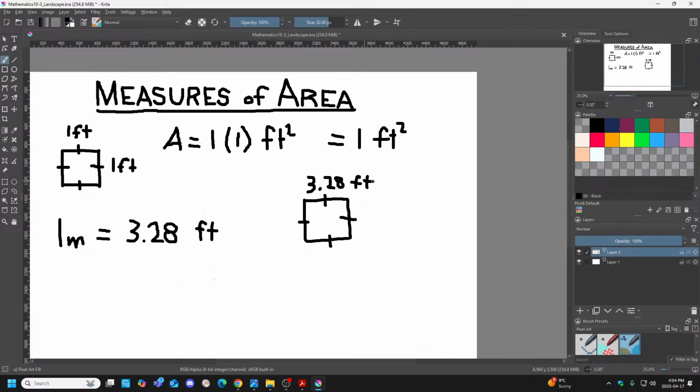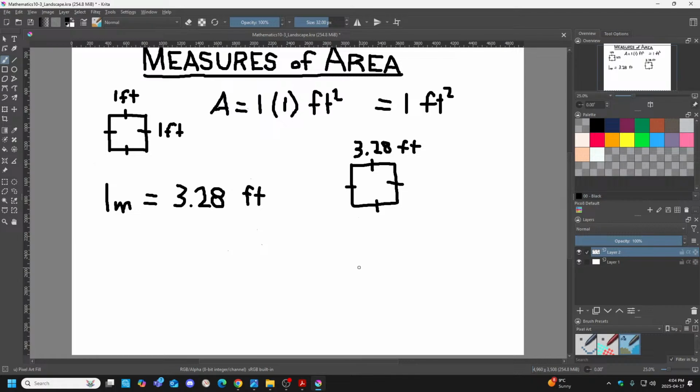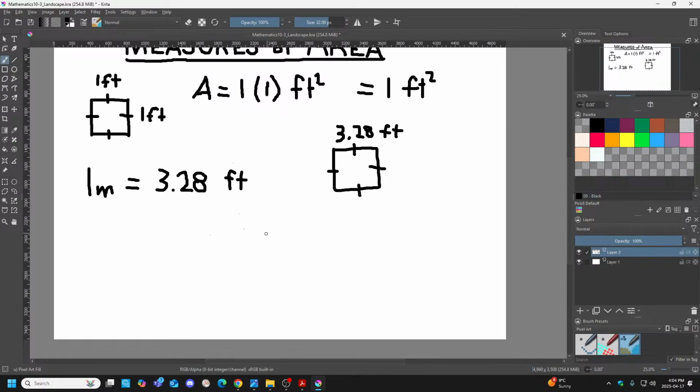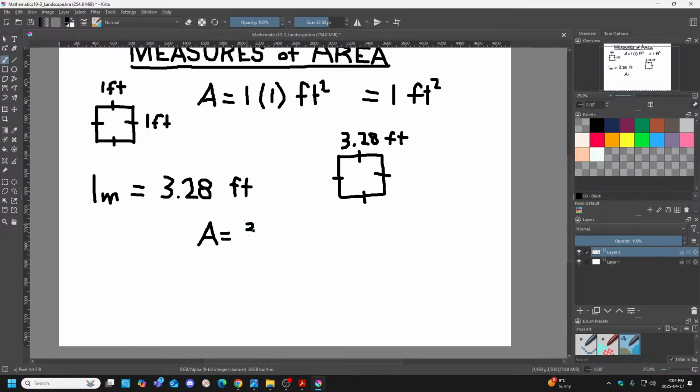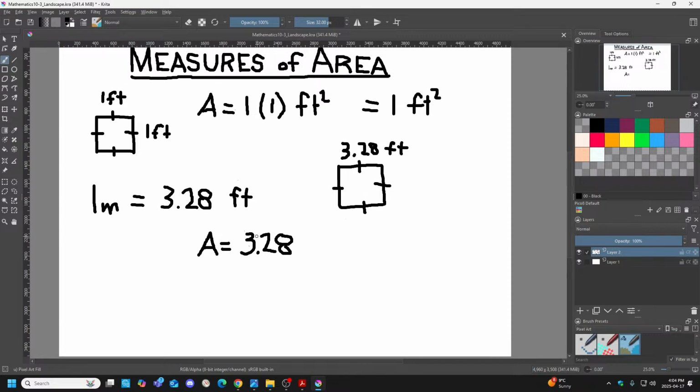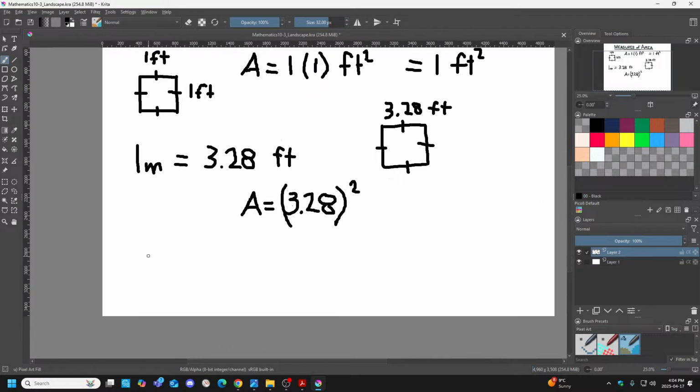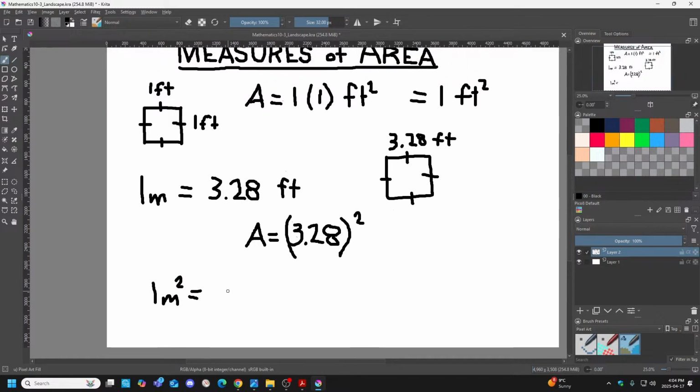Okay. Again, that's a square. So basically, it's all the same thing, guys. Okay. Now we have some numbers that are not equal to 1 that we can use for a conversion factor. Okay, and I guess I'll just go like this, and squared. So 1 meter squared is equal to, it's an equivalency thing, right?